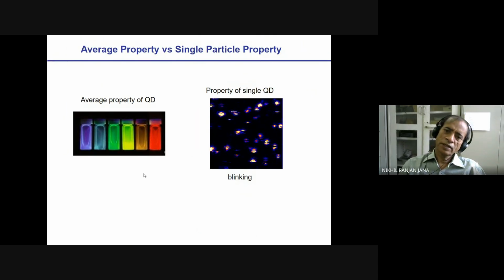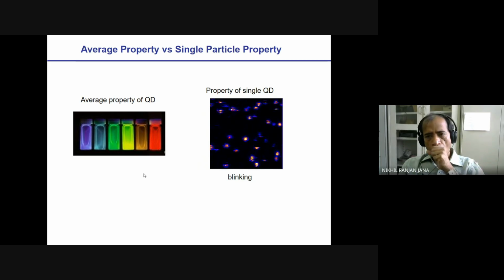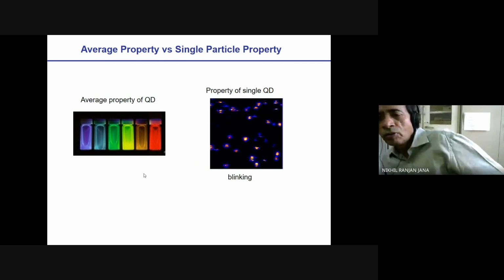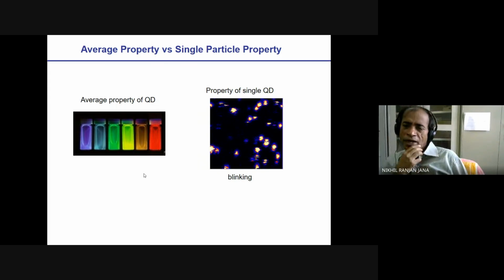This is another interesting example. These quantum dots that I have shown earlier, when you shine light on the colloidal solution, in the average property you don't see blinking. Fluorescence is stable, continuous. But when you go down to single particle imaging, you will see they blink like stars, blinking stars.